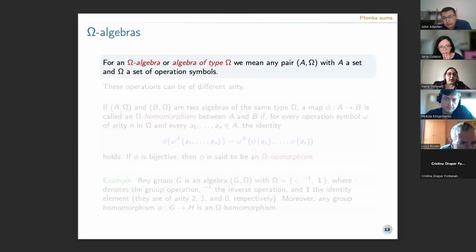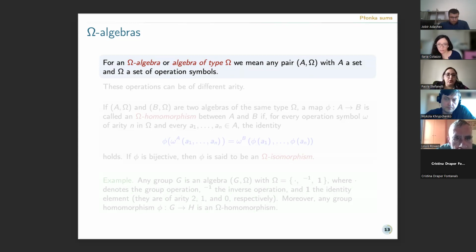To define Płonka sums, I first recall some notions. For an omega algebra, or algebra of type omega, we mean any pair (A, omega) with A a set and omega a set of operation symbols. These operations can be of different arity, so we can also define the notion of omega homomorphism.